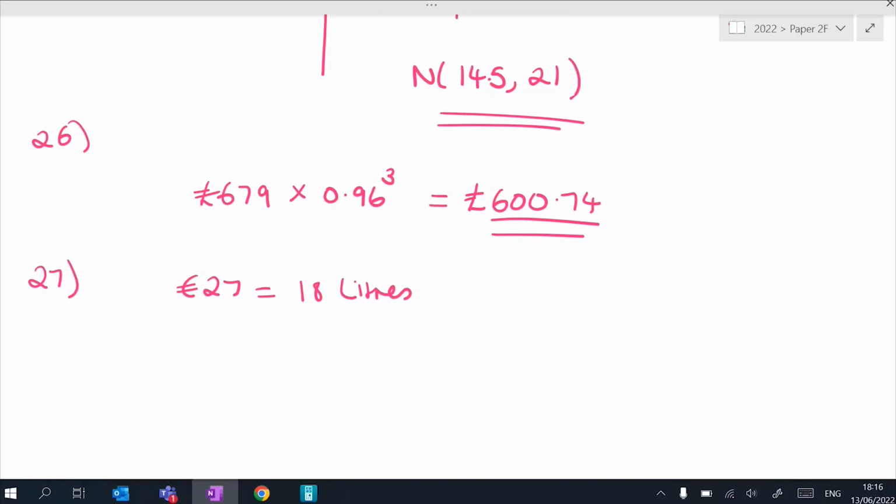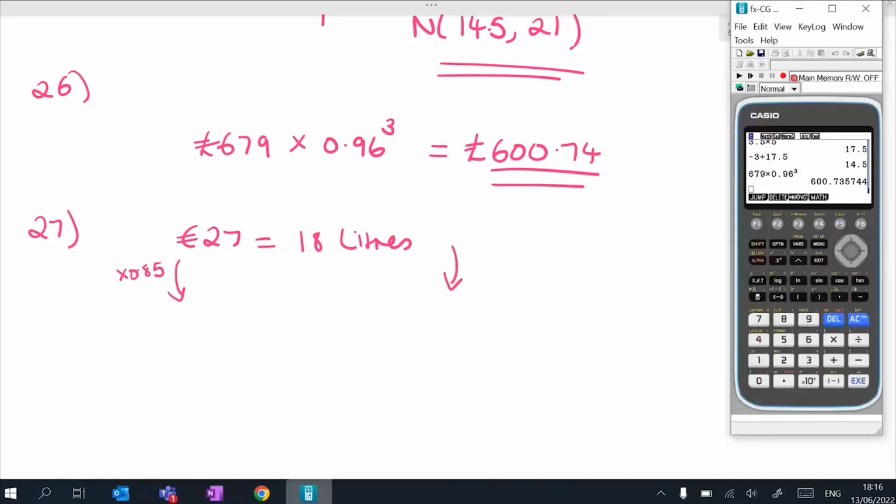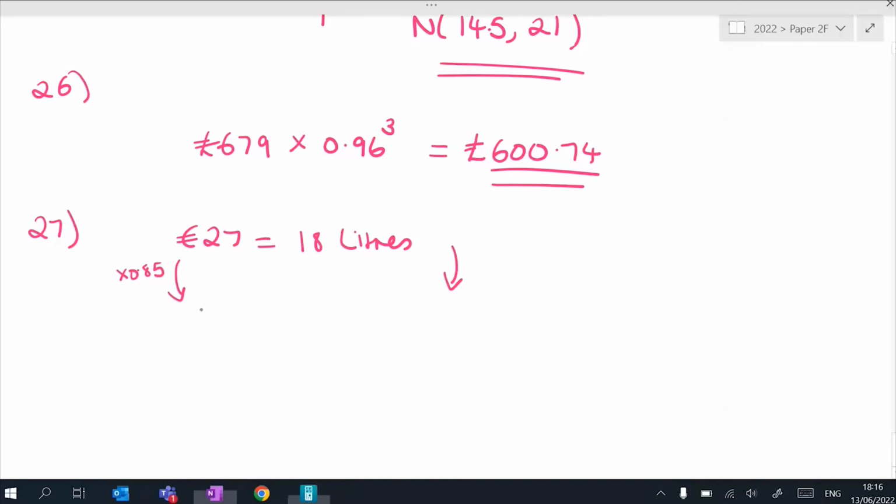So if we want to turn €27 into pounds, I want to multiply it by 0.85 to get it into pounds. So that gives me £22.95 for 18 litres. Okay, so this is in Spain.